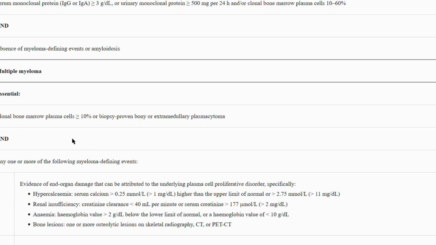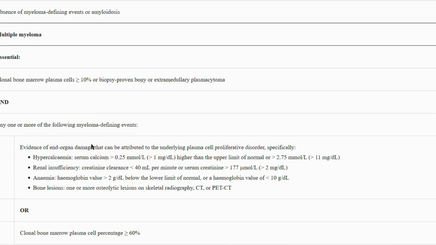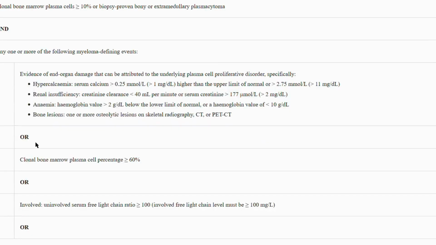In multiple myeloma, the classical case, the essential criteria is clonal bone marrow plasma cells of more than 10% or a biopsy-proven bony or extramedullary plasmacytoma, and the defining criteria are evidence of organ damage that can be attributed to the underlying plasma cell proliferative disorder, like hypercalcemia, renal insufficiency, anemia, and bone lesions.